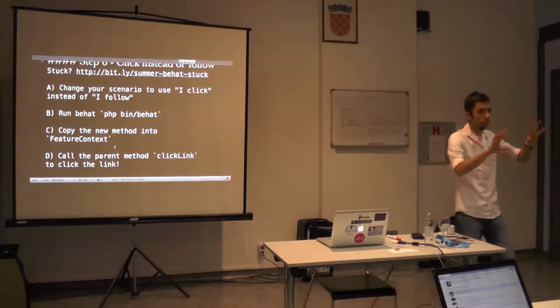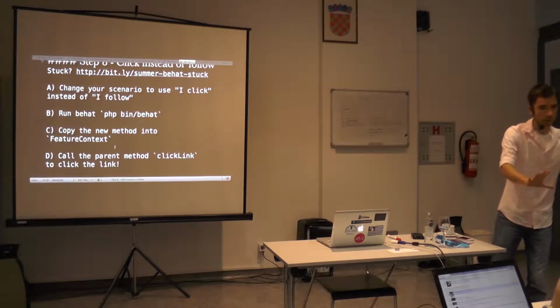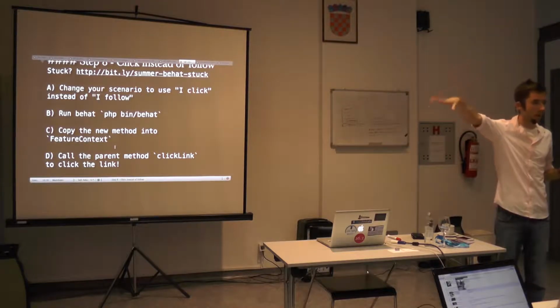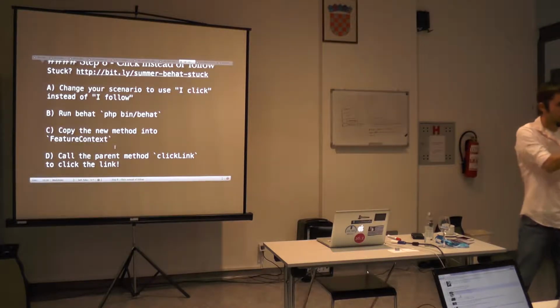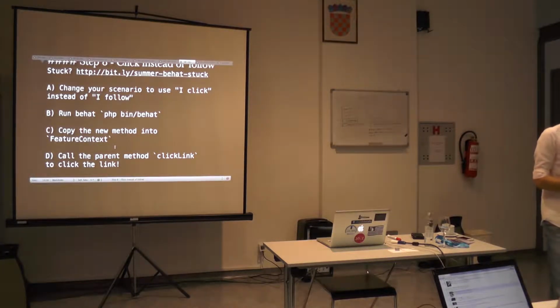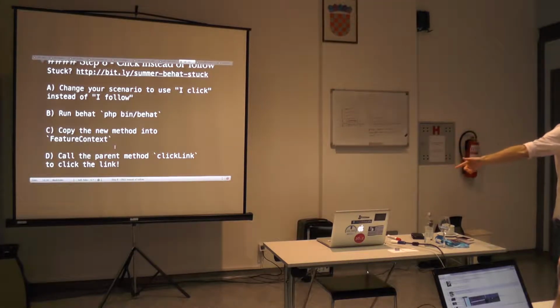So I'm still avoiding doing any real work. I'm just saying there's probably a built-in functionality already for clicking links, since we can say I follow and then some link. So let's just use that. How did I know that function was called clickLink? There's no real way to know. I just opened up that class and found the function that matched when I follow.